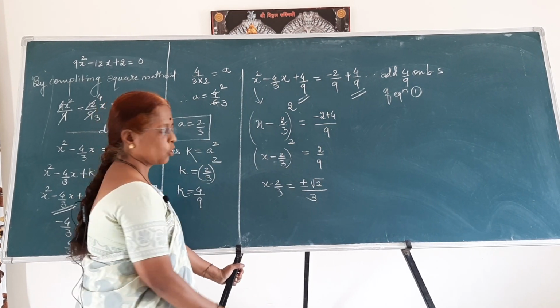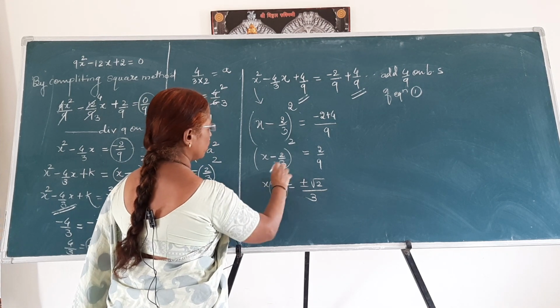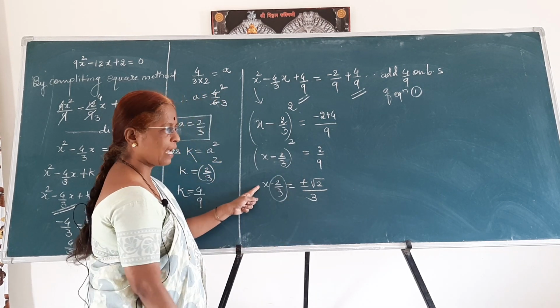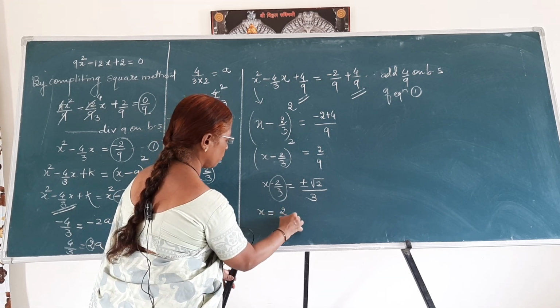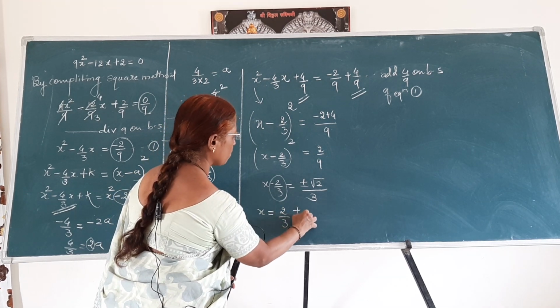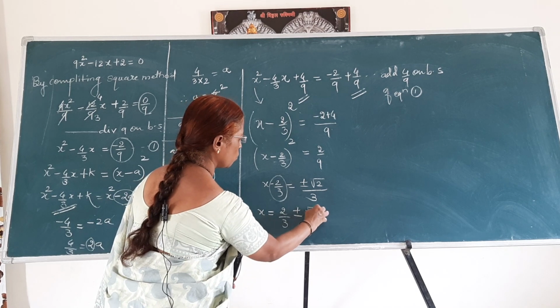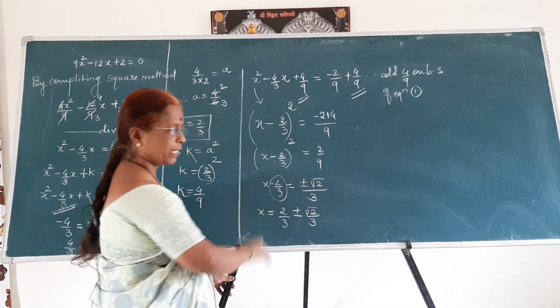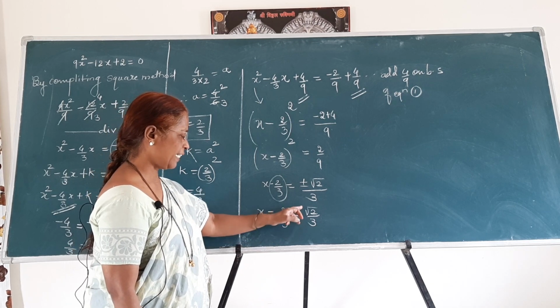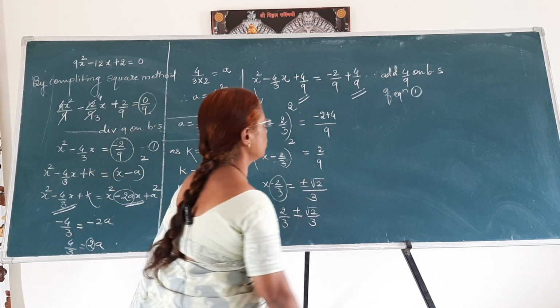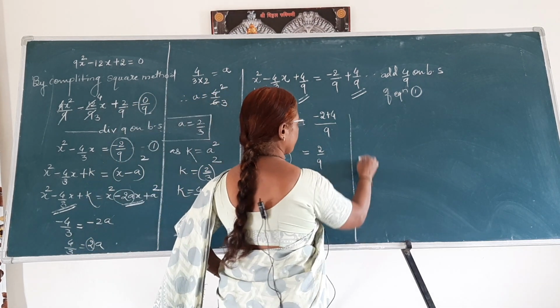Got it? So this quantity we have to take on that side, so that you will have the value of x as x is equal to 2 by 3 plus or minus root 2 upon 3. You can keep it as it is also, or bifurcate it as plus and minus.